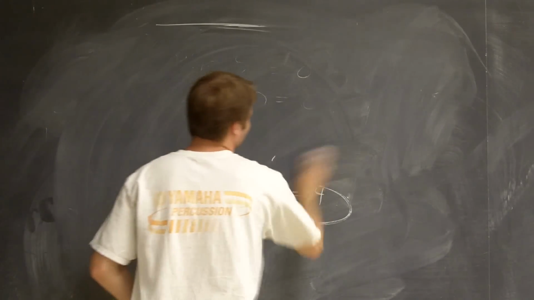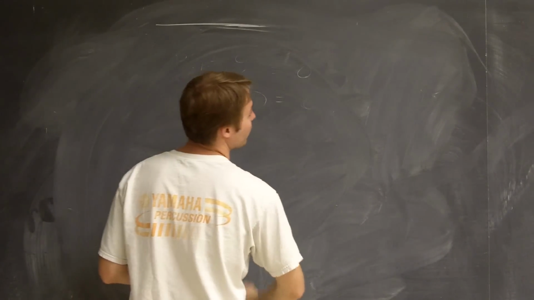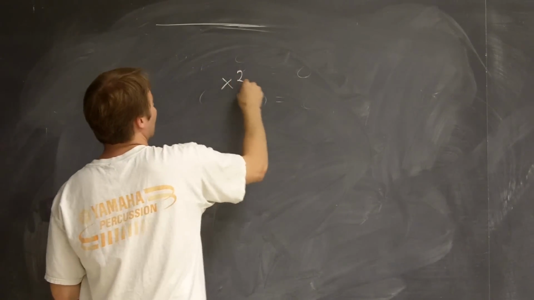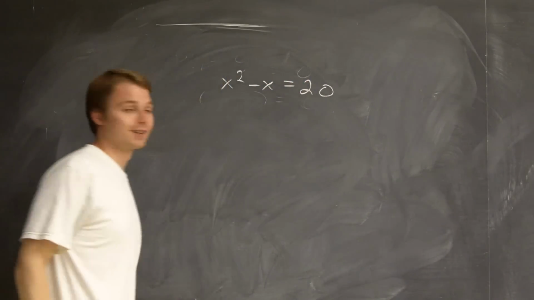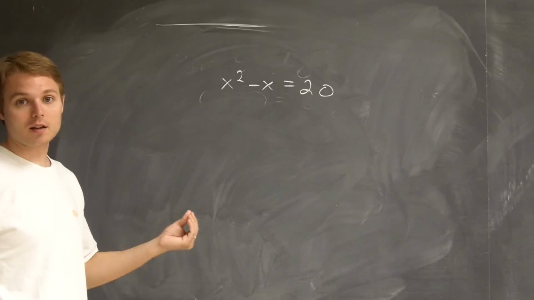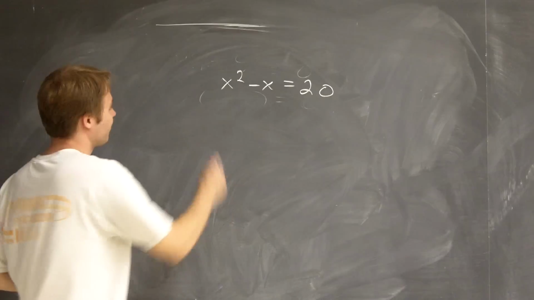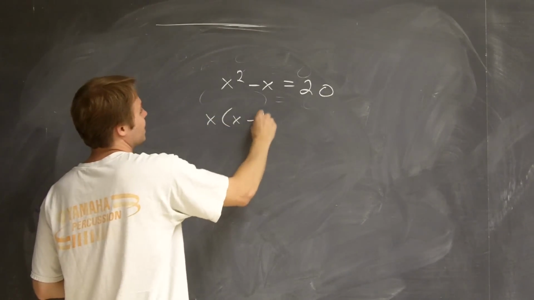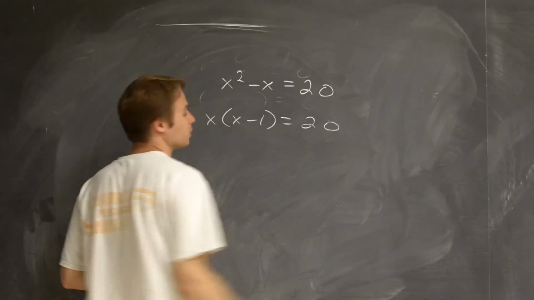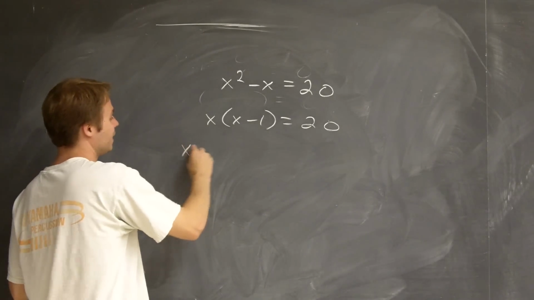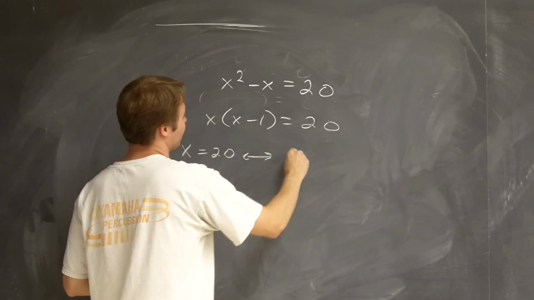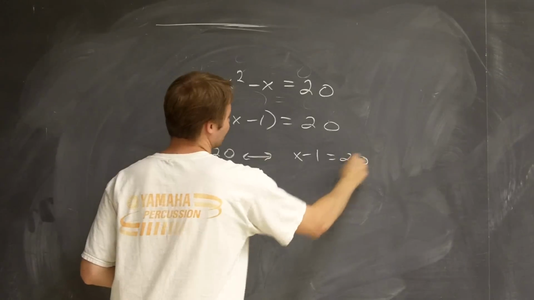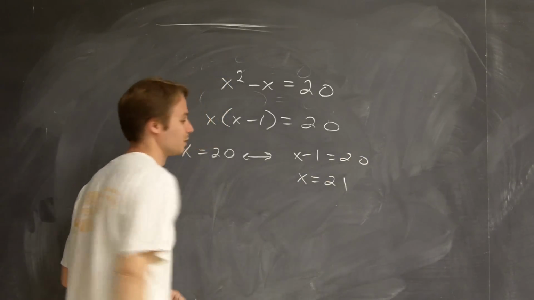Now remember, this only works whenever the expression is equal to 0. It doesn't work when the expression is equal to another number. So for example, something like this, the mistake that a lot of students make is they'll say, oh, I can factor this into x times x minus 1 is equal to 20, and then they'll split up and say that means that x is equal to 20, and that x minus 1 is equal to 20, so x is equal to 20, or x is equal to 21.